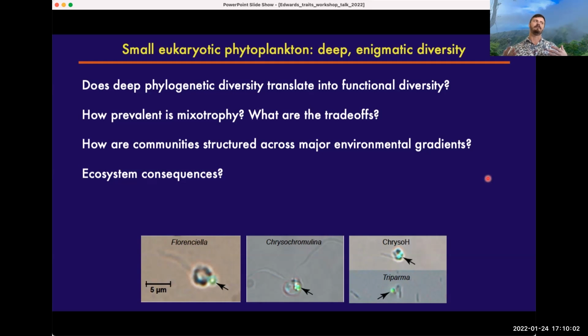What are the grazing rates and the rates of photosynthesis, and how do those trade off with each other? What are the penalties or advantages of being a mixotroph? How are communities structured across major environmental gradients, so how is all this diversity organized? And then, what are the consequences for how ecosystems operate?